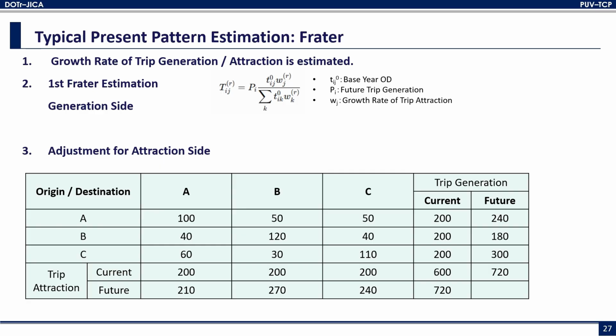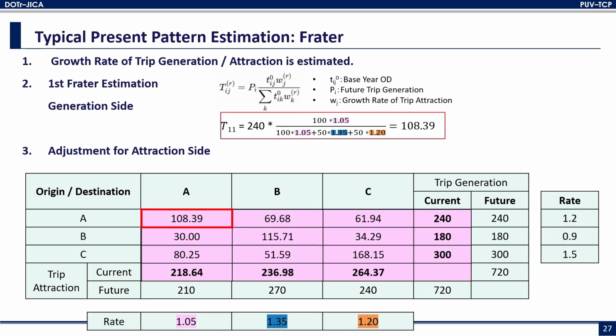Then from this growth ratio of the trip generations and attractions, the future trip distributions per each zone are estimated using the formulas. Then the trip distribution between zone A to A is estimated from the growth from 100 to 108.39. As a result, the total trip generation is 240, and it matches the given future trip generation.